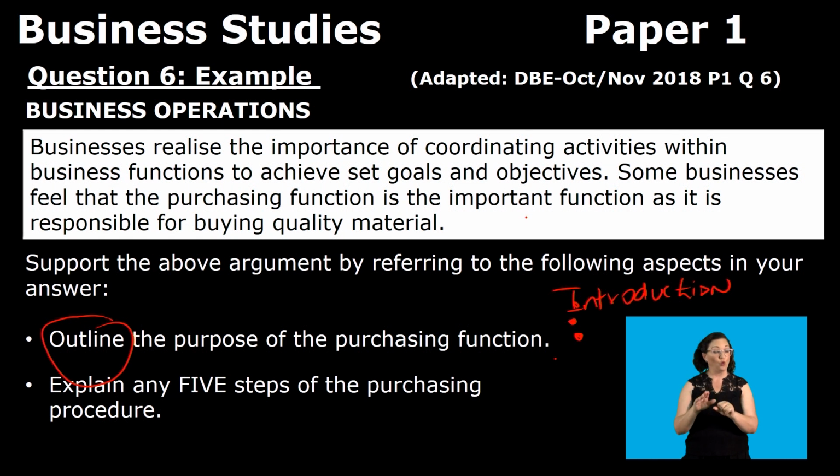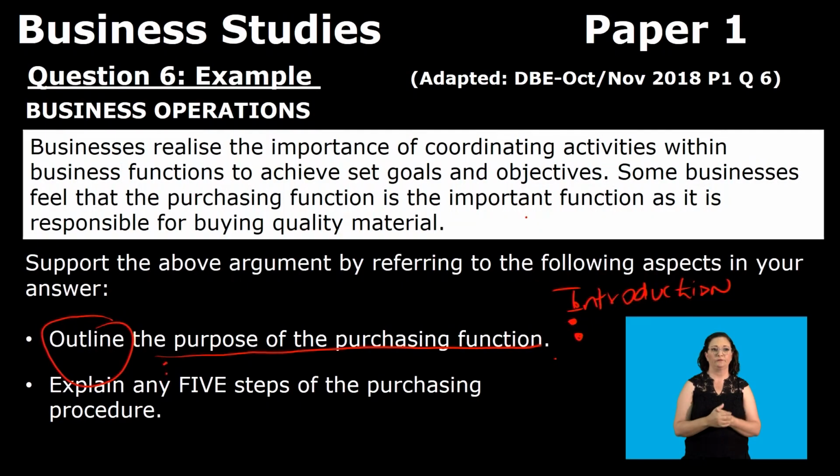It must not show. But your first subheading is going to be the purpose of the purchasing function. You don't say outline. You just say the purpose of the purchasing function. Remember, we're writing in points here. Then you're moving on to the next one, the 5 steps of the purchasing procedure. You don't write the word explain again. The action verbs must not show.